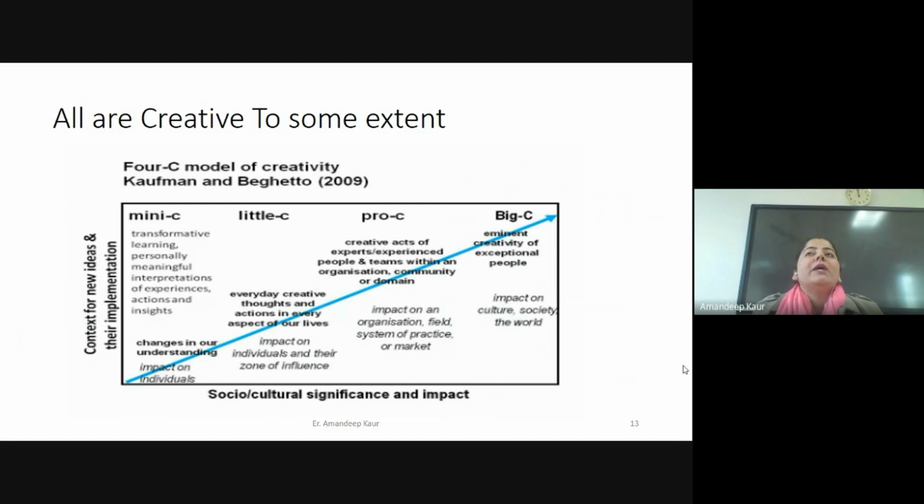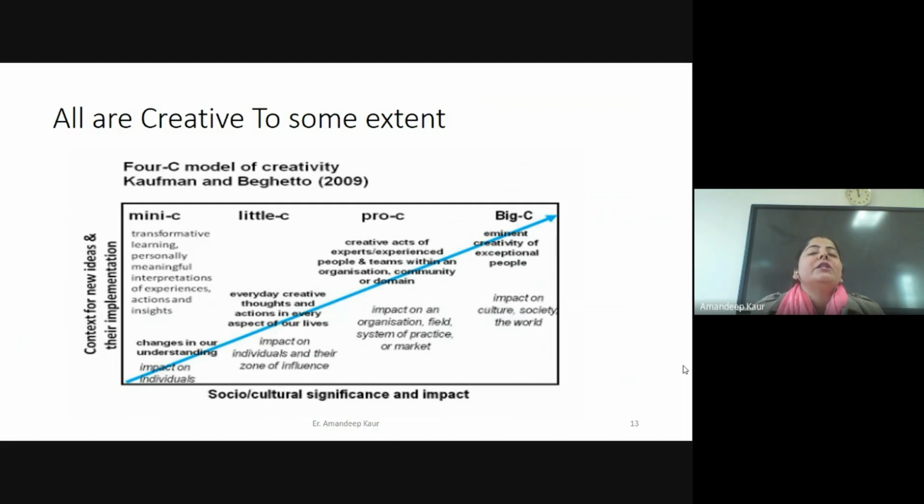Pro C level: over a period of time, when the student is able to gain experiences and exposure, the student becomes a master of that particular area. When I say master, it is not that the student's level becomes the level of the faculty or any expert of that area, but with the help of formal training, maybe after the first and second year, in the third semester the student is able to act more creatively because the knowledge pool related to that branch of specialization is already developed.